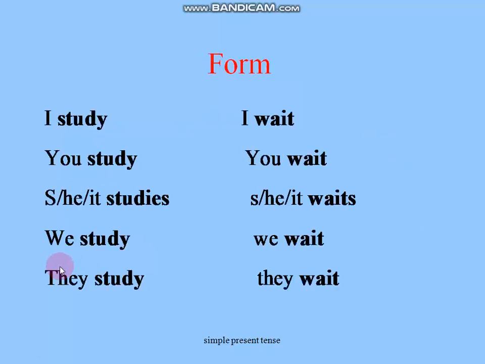Now form. I study, I wait. You study, you wait. He, she, it studies. He, she, it waits. We study, we wait. They study, they wait. Now this is first person, I. Here second person, you, and this is known as third person.